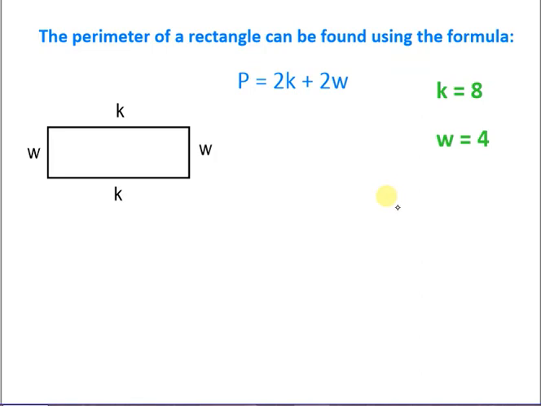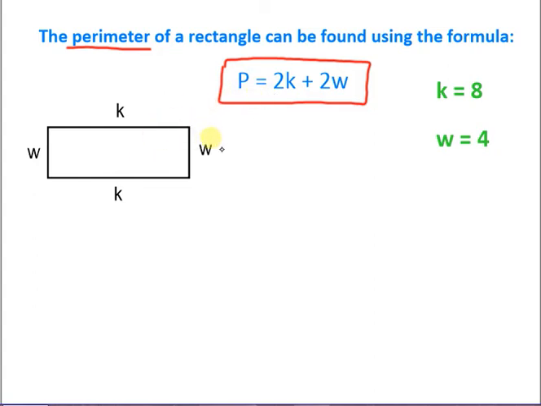All right, so now we're going to start to use formulas to evaluate expressions, okay? So this time I'm given the formula P equals 2K plus 2W. And P stands for the perimeter because it says the perimeter of a rectangle can be found using this formula. Now there's a picture here, and the picture is showing what the formula is about.